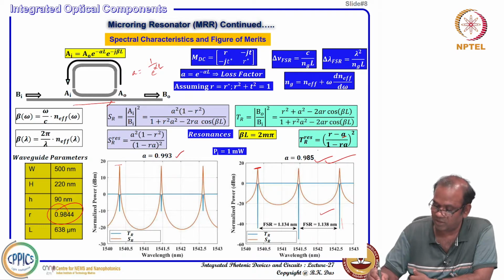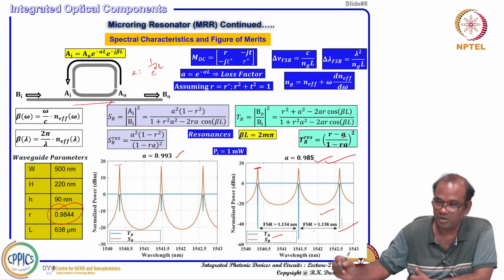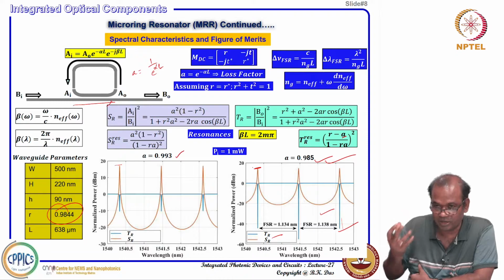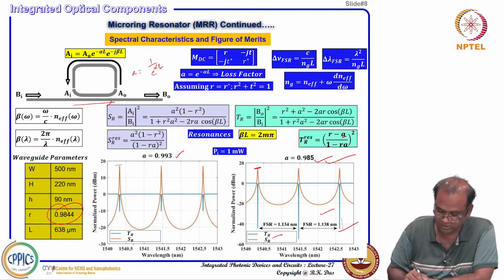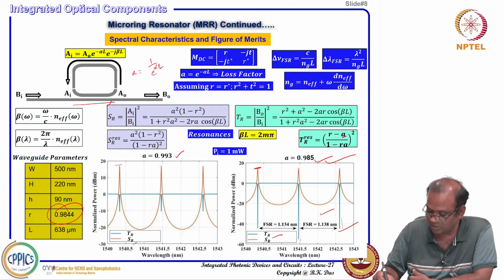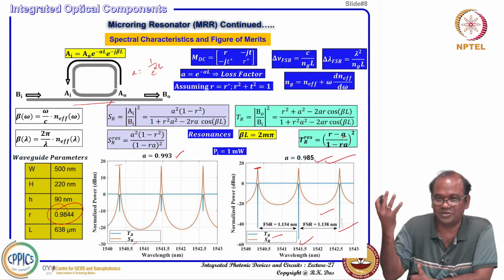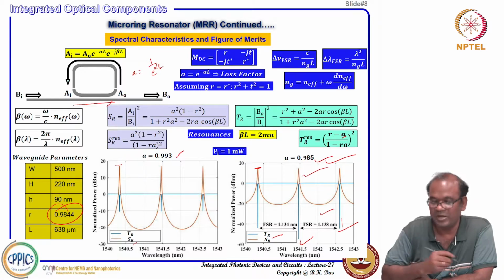In the transmission, the blue curve is the TR, it is going more and more extinguished. So, throughput is reduced at that resonant wavelength. Throughput reduced does not mean that the stored power SR will be increased, because the throughput is reduced because of the loss A in the waveguide. If loss is there, the inside power also cannot be increased too high. So, that is what is evident here.